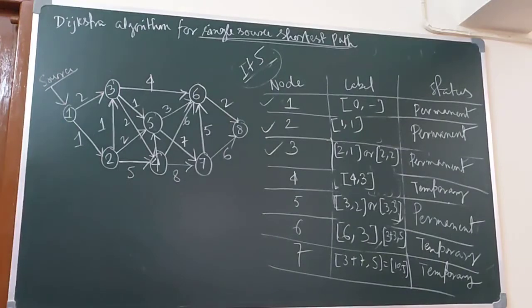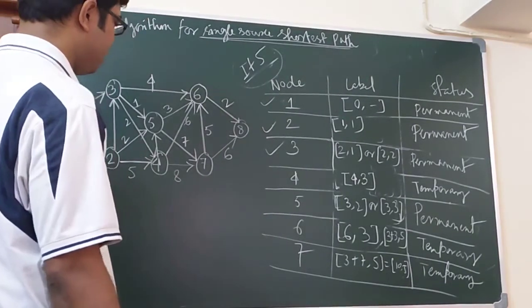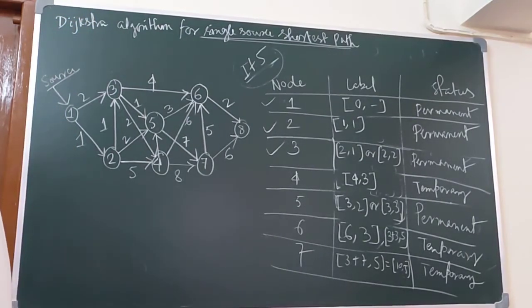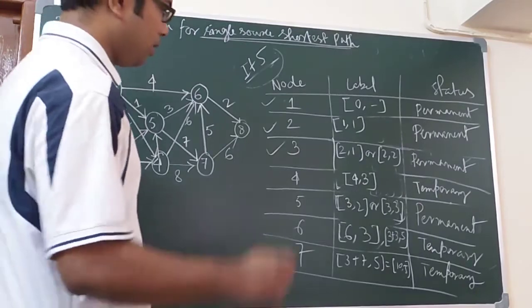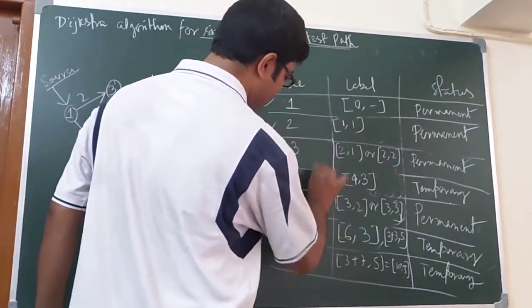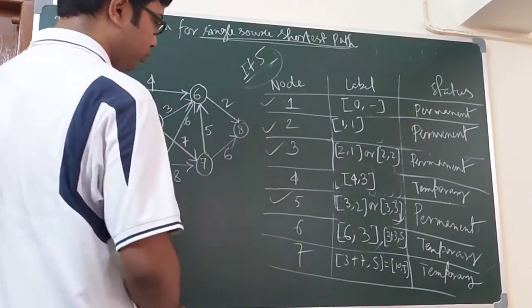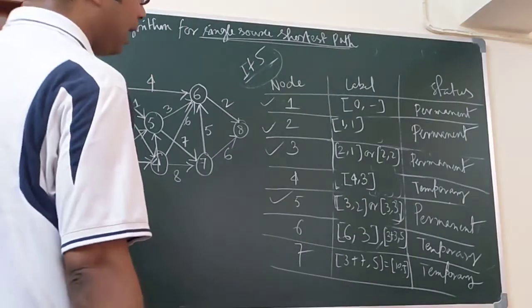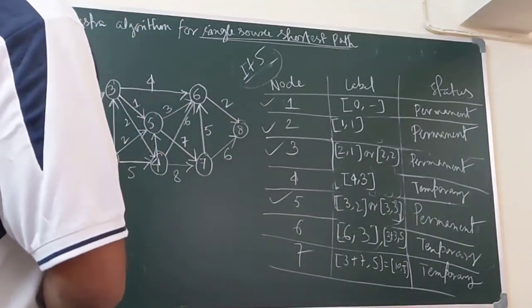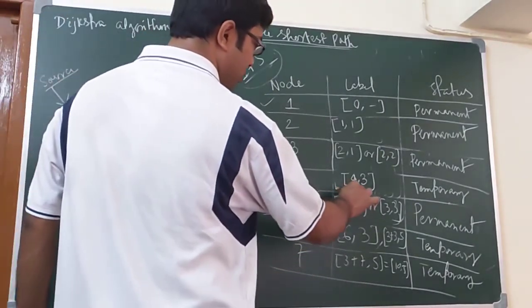Okay. And here there are 3 temporary nodes. Node 5 complete, node 4, node 6, node 7. So in node 4 the level value is 4, 3.